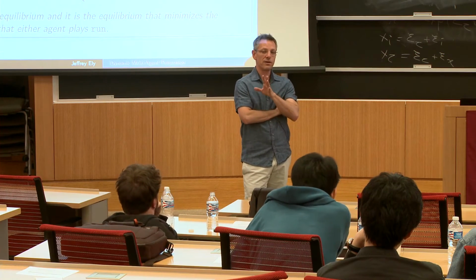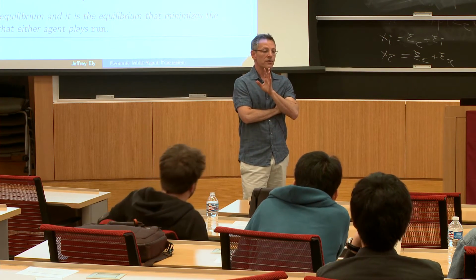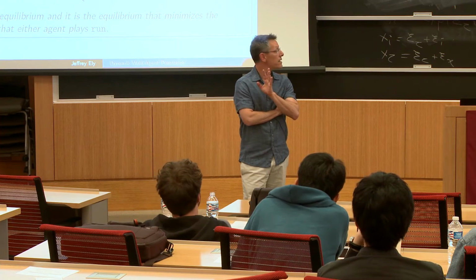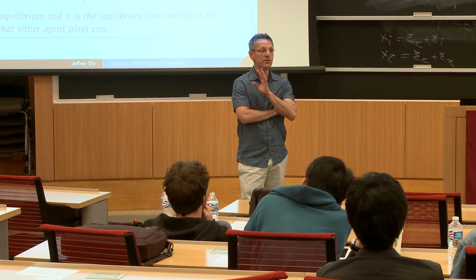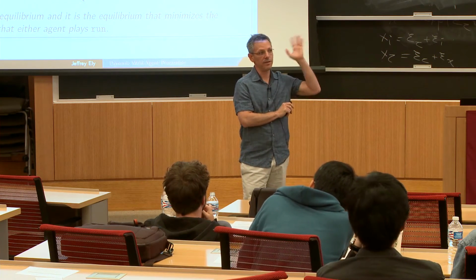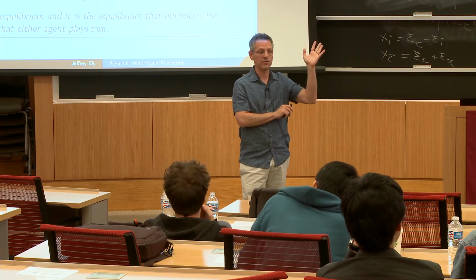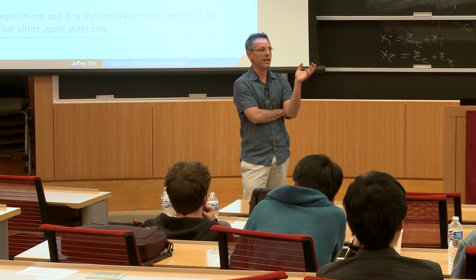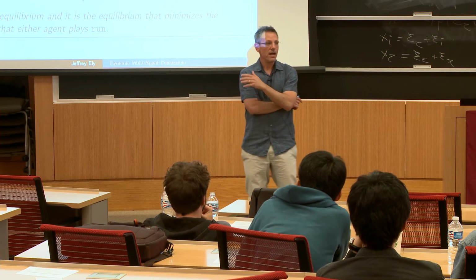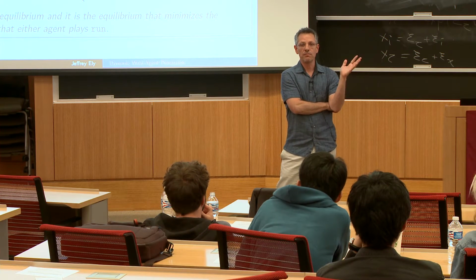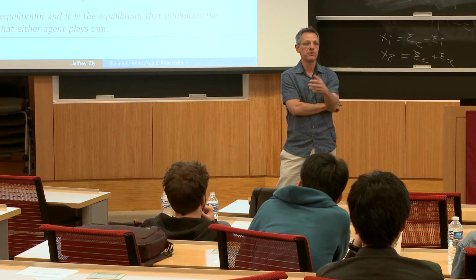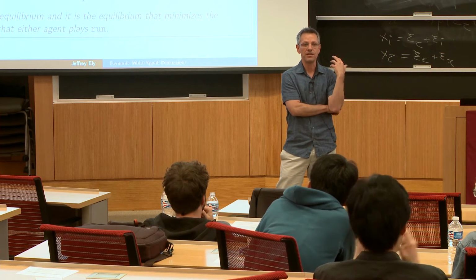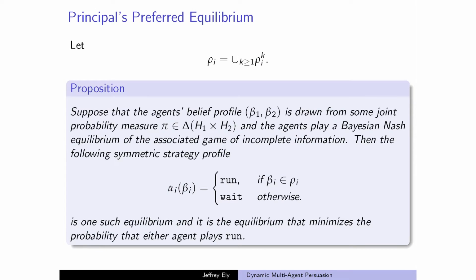Okay, I want to make sure I understand the question. So, first of all, the principal is going to have available to him, and I haven't even started to talk about this yet, so there's no reason this should be clear, any feasible policy which sends signals according to any probability distribution as an arbitrary function of the past, privately or publicly, correlated or uncorrelated in any way across the agents.